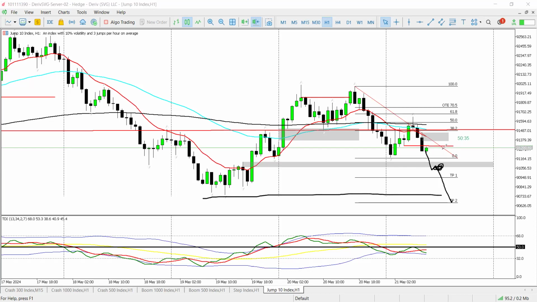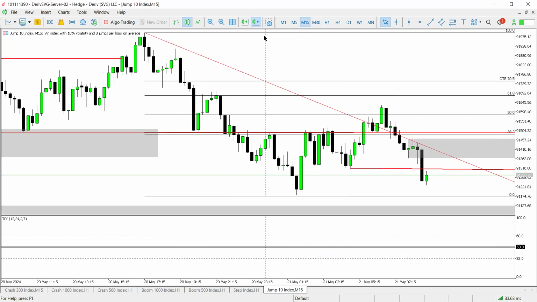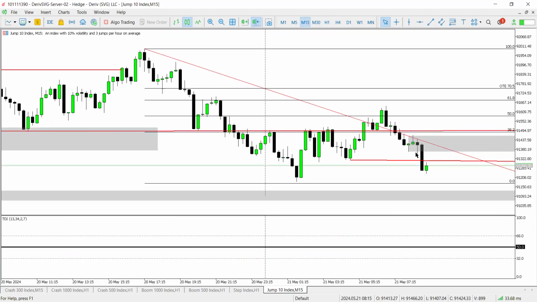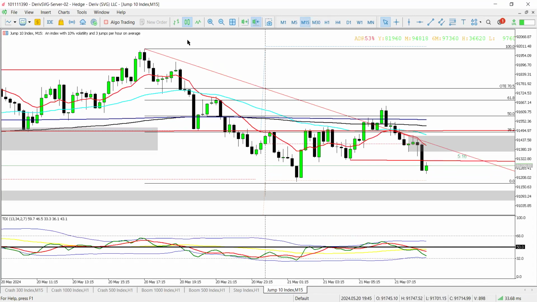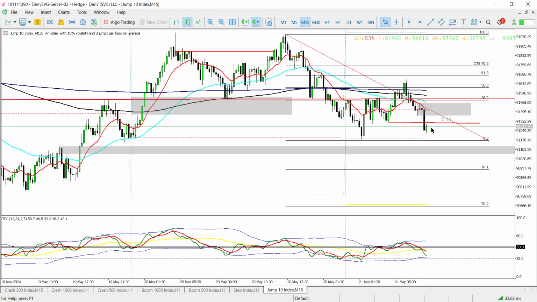For now, that's my view. If price decides to come back above this level, then they might continue pushing up. But for now, I feel like this is a point of interest on M15, and we can actually get a sell from that. So let's wait and see how price reacts on that area. Everything for now lines up with the sell.